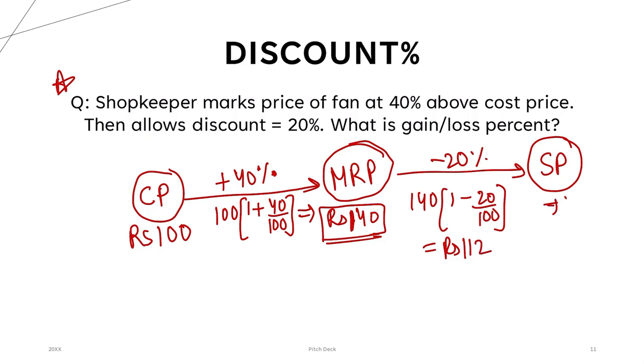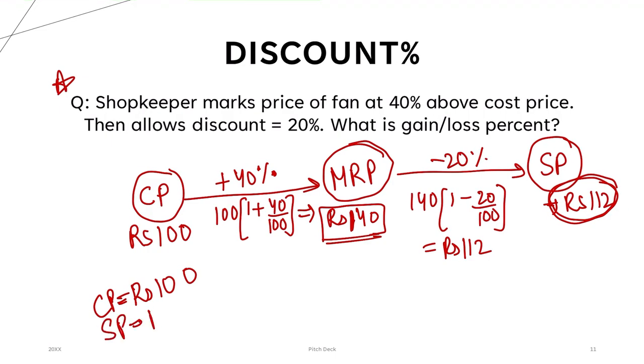So now this is the price which the buyers will see, or the customers will get after the discount. So if you see here, the shopkeeper bought it for 100 rupees. He marked it up whatever he wants. Then finally he is selling it for rupees 112. Even after providing a discount of 20%, he is still making a profit.